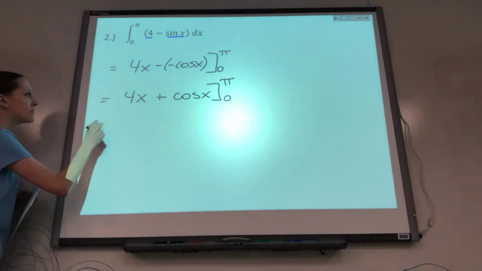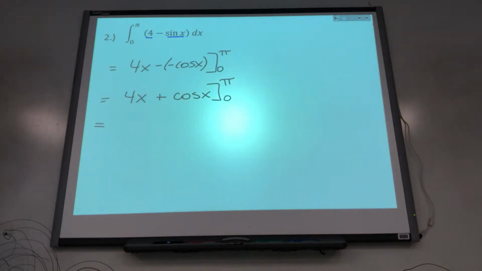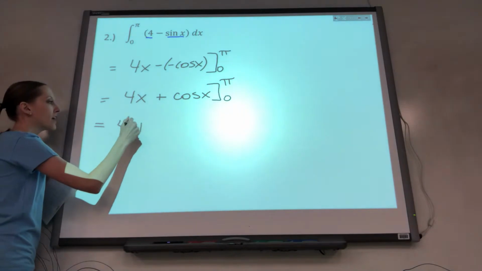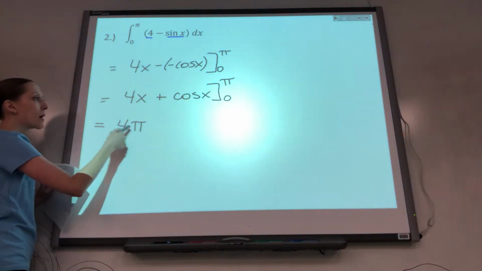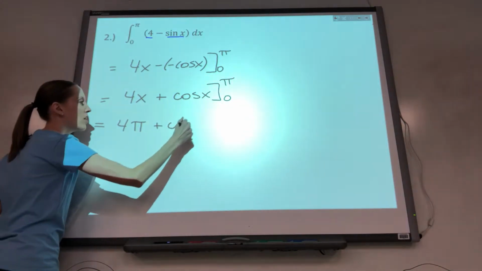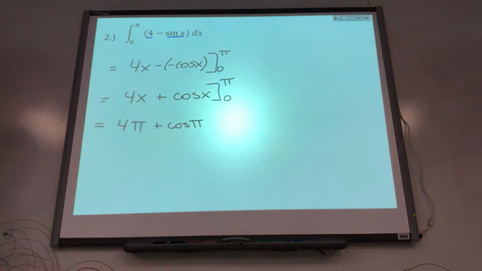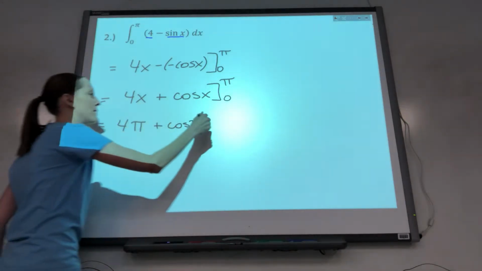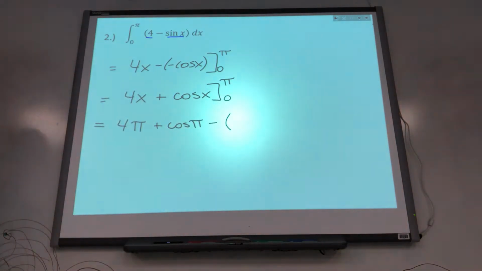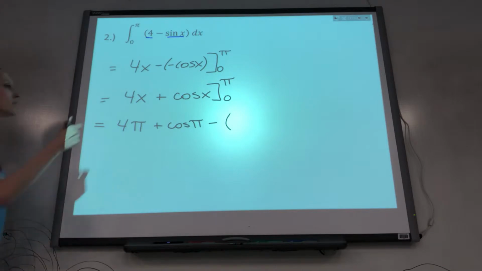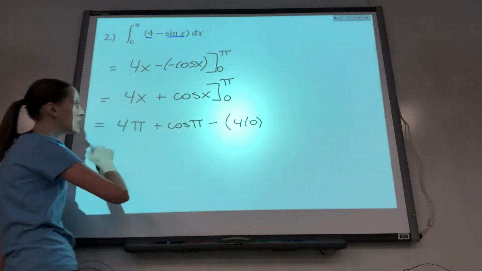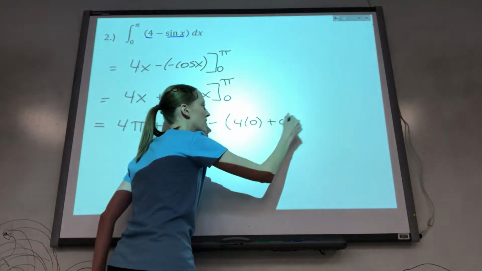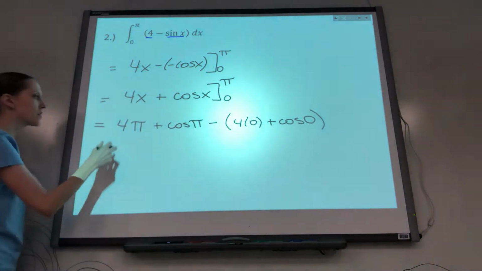So plugging in pi first. One of the most common mistakes is forgetting to plug in the upper bound first. Wherever I see x, I replace it with pi. So 4 pi plus cosine of pi, I'll figure out what that is in a second, minus, I'm just going to put this in parentheses to keep it all together, 4 times 0, that's just going to be 0, plus cosine of 0.